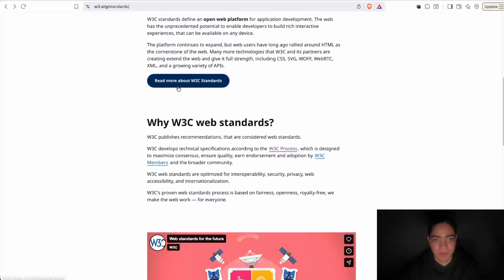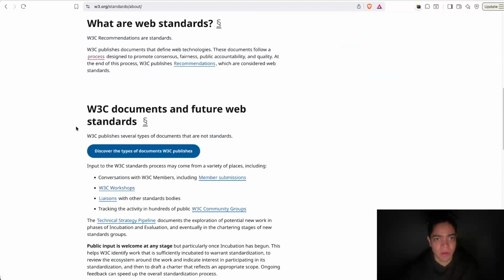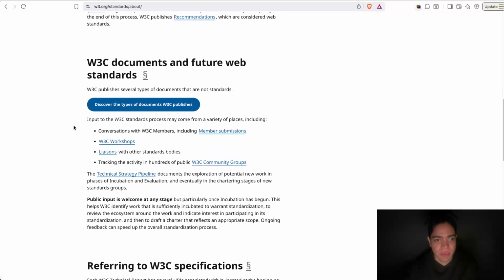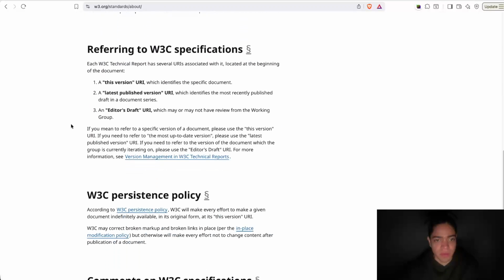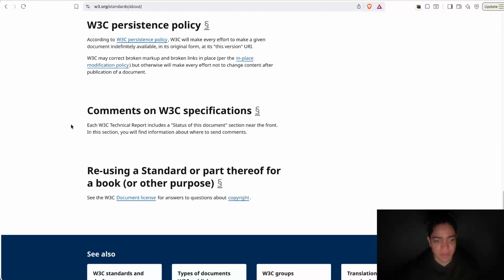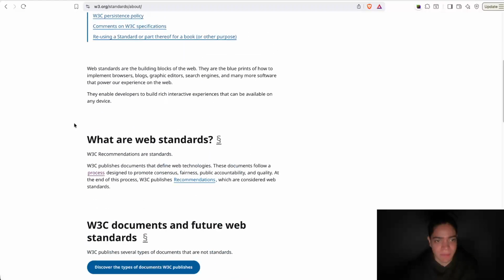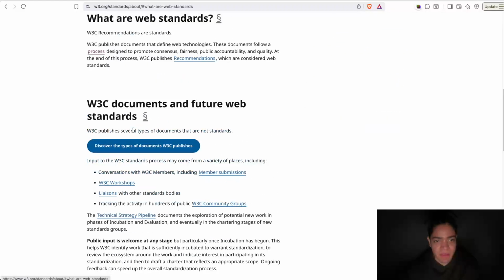Read more about the W3C standards. What are web standards? Referring to W3C specs, persisting policies, reusing a standard. What are the web standards? Discover the types of documents here.